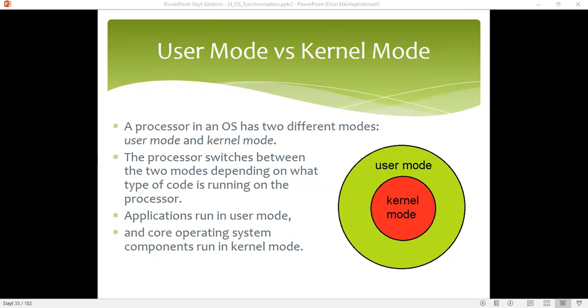By the way, user mode is something like, in the operating system, you are programming the system by using just software or applications, or we can say the application part of the system.